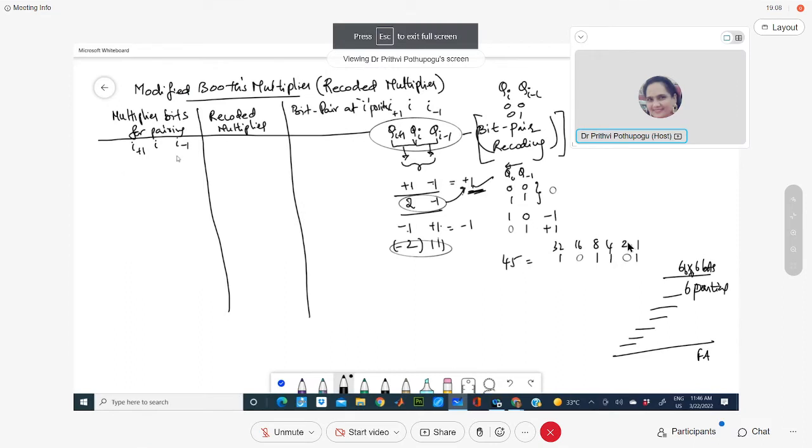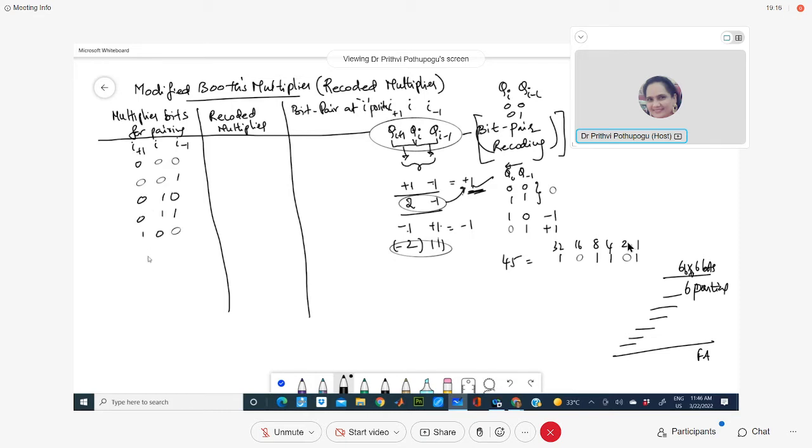If 0 0 0, 0 0 1, 0 1 0, 0 1 1, 1 0 0, 1 0 1, 1 1 0, 1 1 1. These are all the possible bit values we are taking. So 0 to 0, something like bit pair is that I plus 1 and I take.